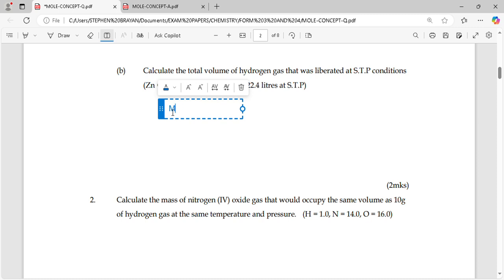We talk about the mole ratio of hydrogen gas to oxygen gas is 1:1.